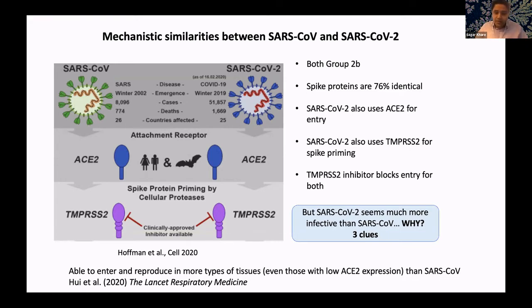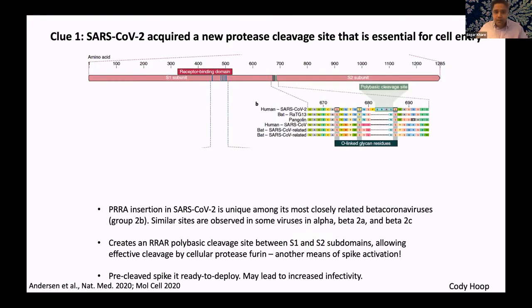And it seems to even enter and reproduce in tissues which have low ACE2 expression. So clearly, there's something about this virus that is very different, and is allowing it to infect many more tissues and also spread in a different and perhaps faster way. And so naturally, we want to look at the differences that exist between SARS and SARS-CoV-2.